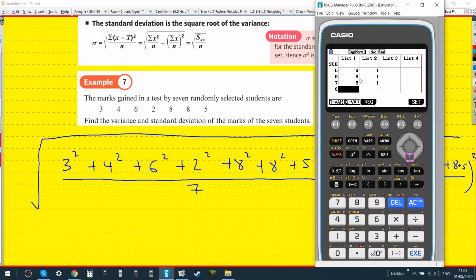So did you put those in? 3, 4, 6, 2, 8, 8, 5? Yeah, I'm just looking now. So then you choose calculate, or you might have to press option first. So calculate, and we have one variable, so that's F1. Do you have that?